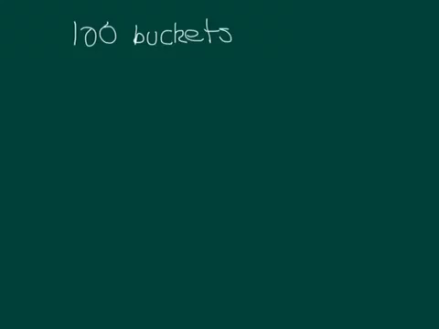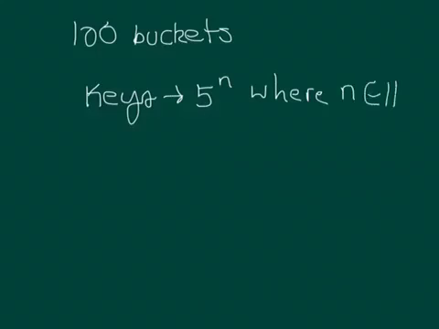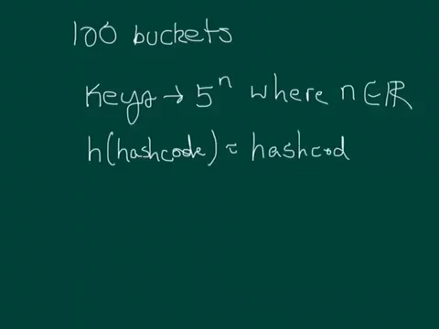And for some reason, your hash code maps keys to integers that are multiples of 5, meaning keys are being mapped to 5 to the power n, where n is any real number. And then your compression function is just h, which inputs a hash code, equals hash code modulo 100.